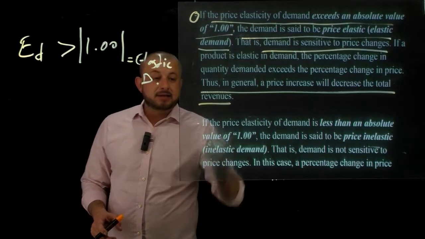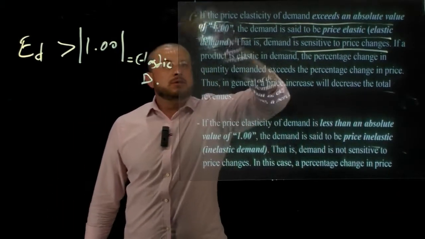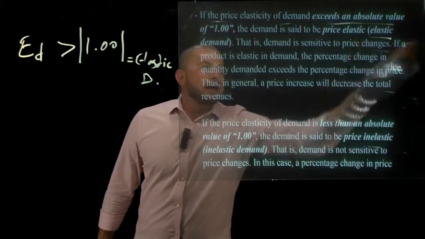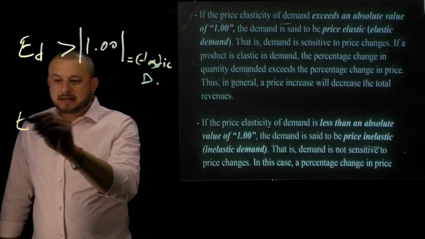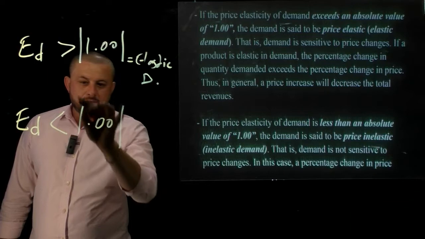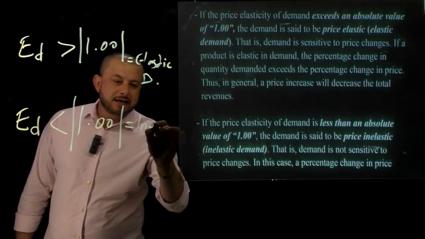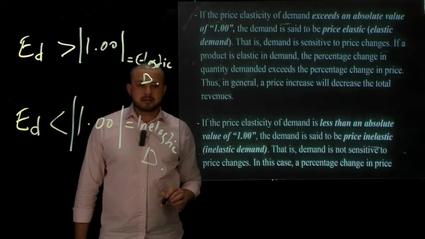But there is another case, an opposite case that we can talk about right now. Therefore, let me just clear this and I will show you. The opposite case is that if price elasticity of demand, ED, is less than the absolute value of 1, we have inelastic demand. Okay, guys?